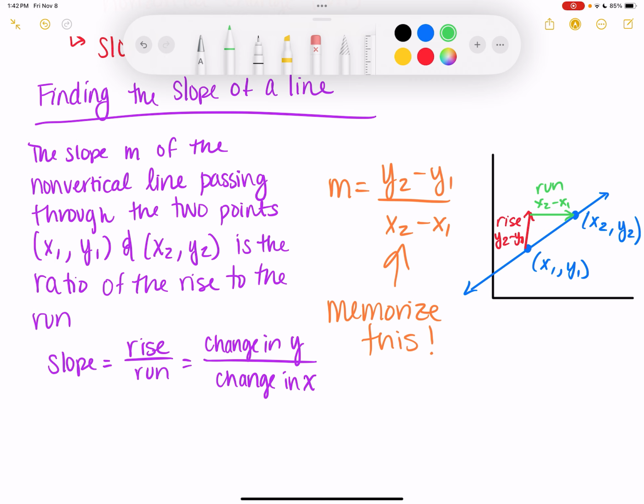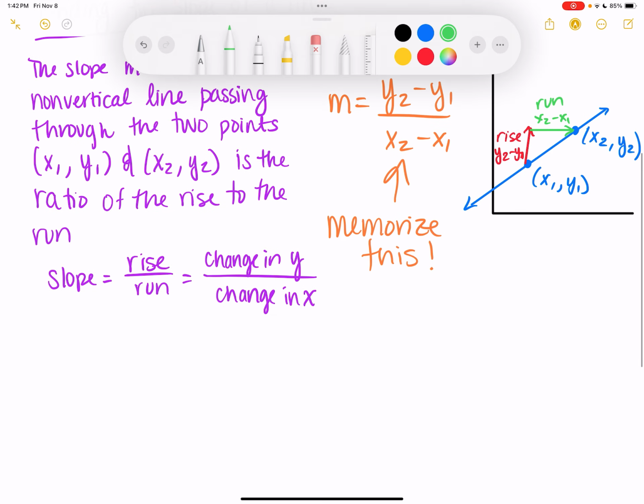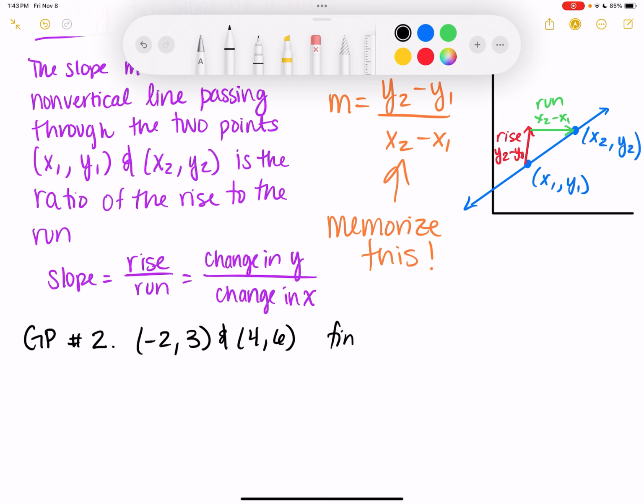I'm going to do a quick example before we keep going so that we can make sure that we understand what's happening. So guided practice number 2 gives us the points -2, 3, and the point 4, 6. And it wants us to find the slope. So while you're getting used to it, when I was sitting where you are right now, I would write the formula every single problem, okay?